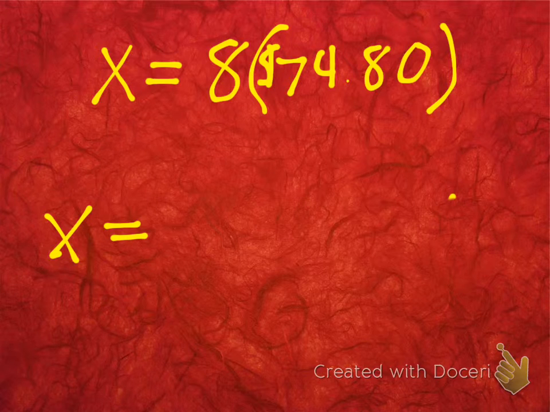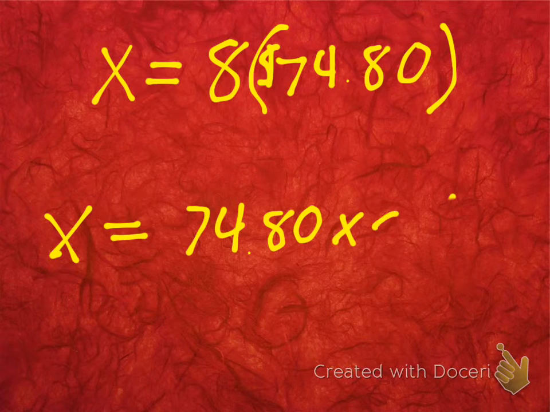Alright. C, 8 friends spend $74.80 to pay for their camping trip. Find X, the total amount they paid. Well, how would I figure out the total amount they paid? 74.80 times 8. Is that what we have up here? It is. It's backwards, but it's still the same thing, right? Just like 2 times 1 and 1 times 2 is the same thing.